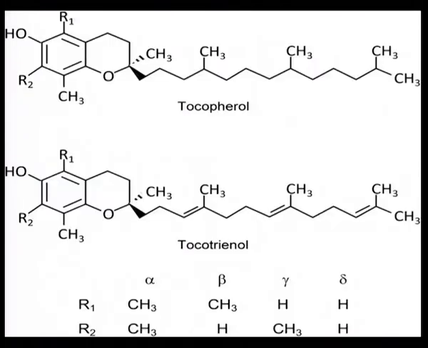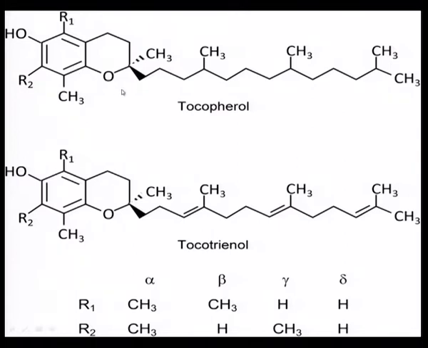I want you to look at the structure of tocopherols, and can you see over there you have a hydroxy group here, and this hydroxy group is basically the phenolic group. Compared to a typical phenol, this hydroxy group is a little unstable, and because it's a little unstable compared to a phenolic group, it can have a relatively preferential treatment to oxygens, and that's what explains the antioxidant effect of tocopherol.